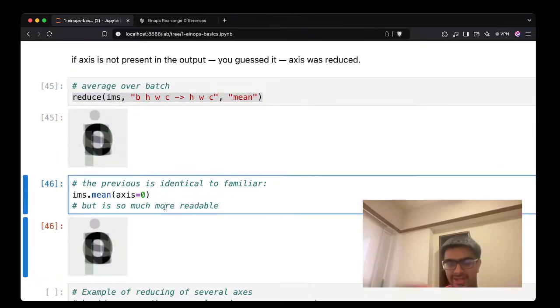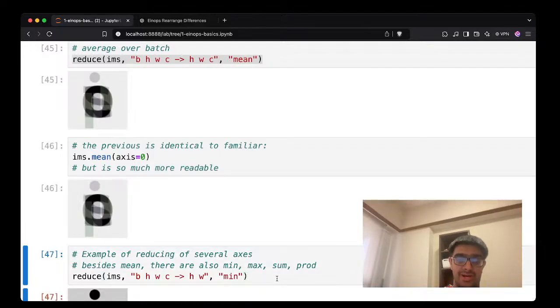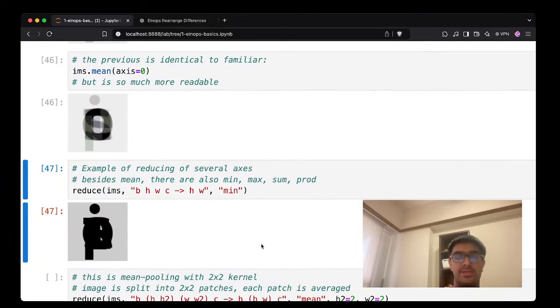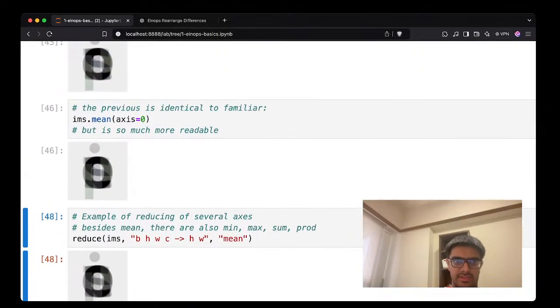Doing multi-dimensional things is hard enough. We reduce over batch and channel. Wow. We're taking the min. Well, what about taking the mean of this? Same thing, right?